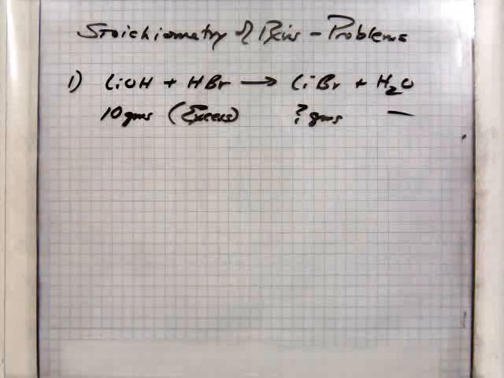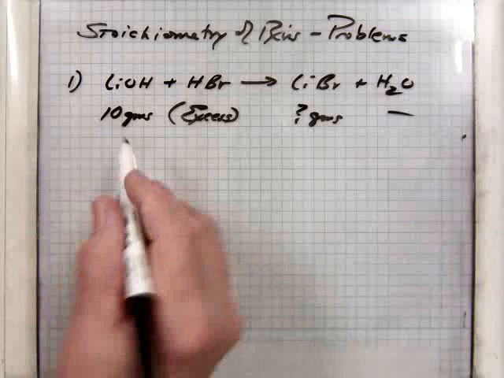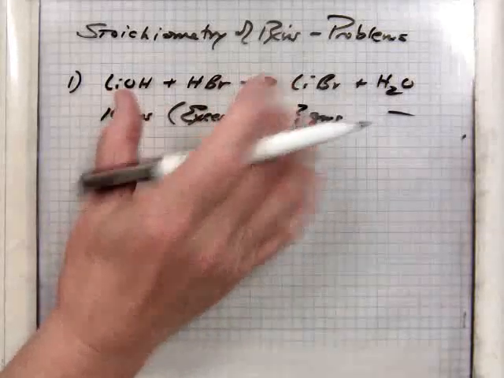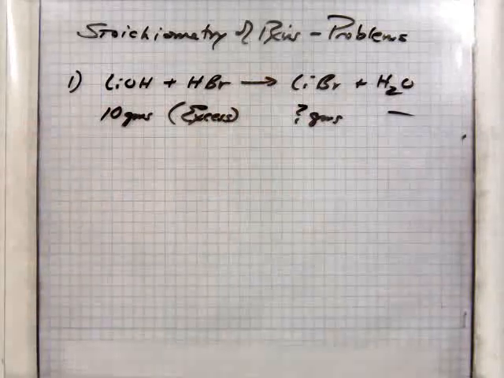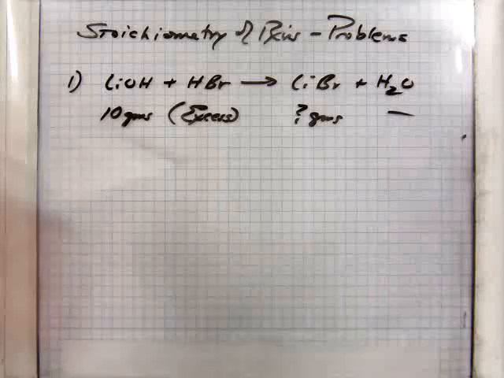Now, the essence that I'm trying to teach you is convert to moles. And once you get to moles, you can compare the mole values to the coefficient values and see how the mole number will change, and like this.